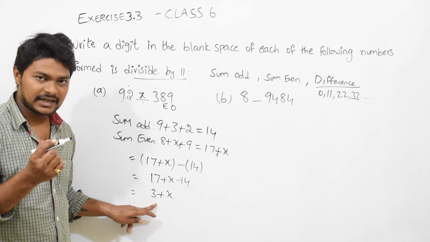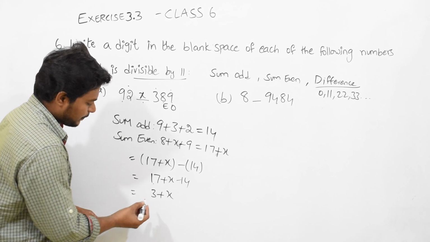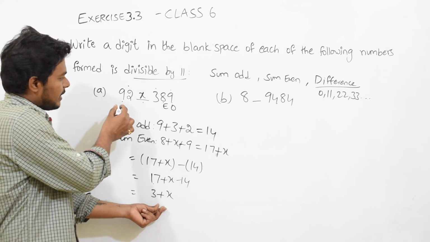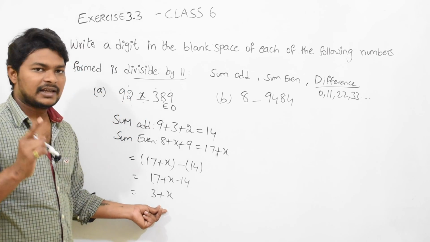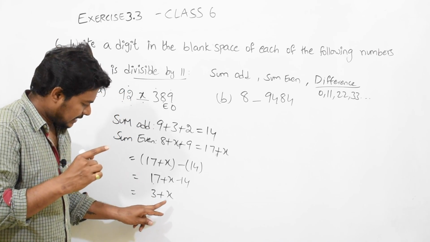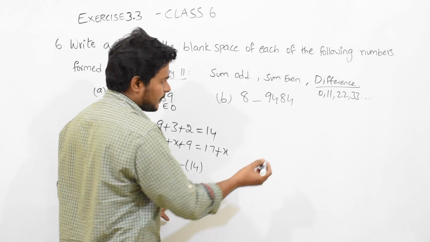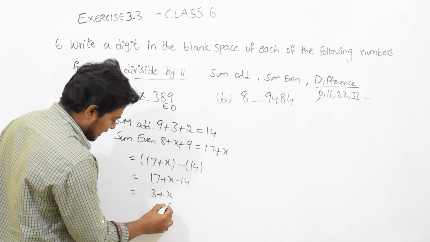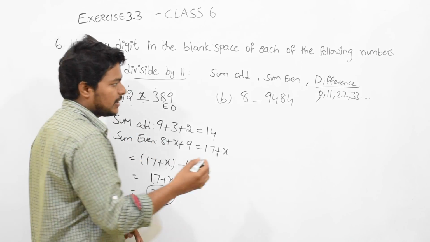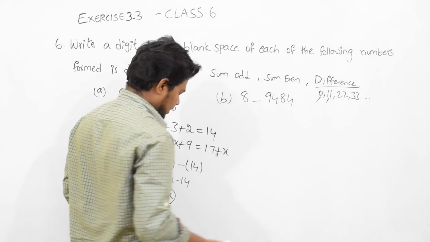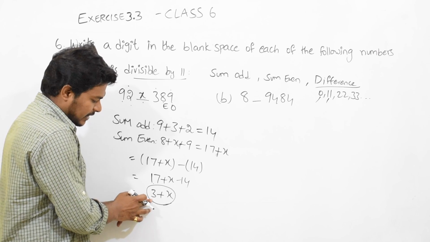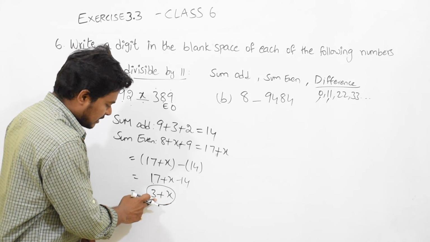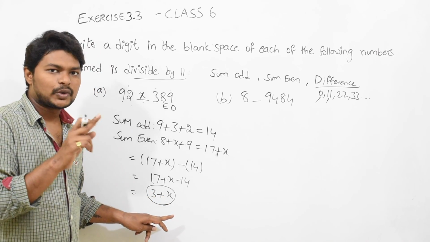So now see here, the magic begins. 3 plus x should be divisible by 11. Then this complete number should be either 0 or 11. Here, 3 plus x is not equal to 0, so this number must be equal to 11.